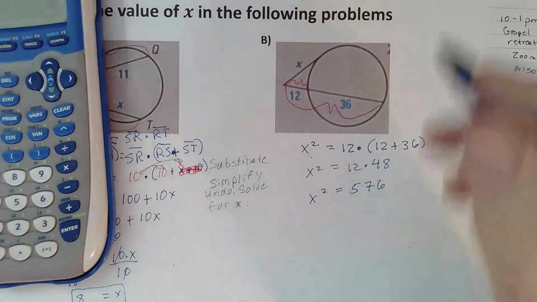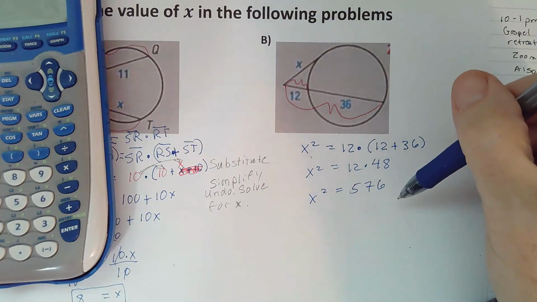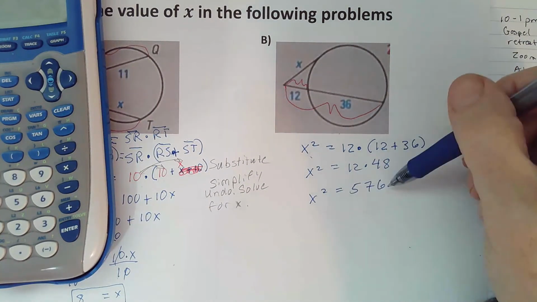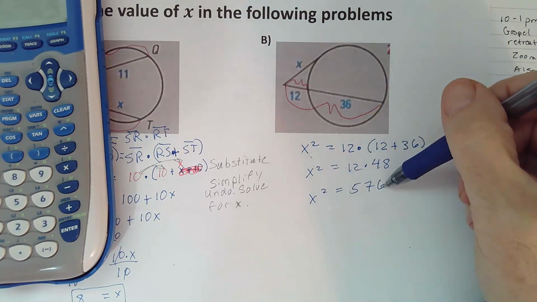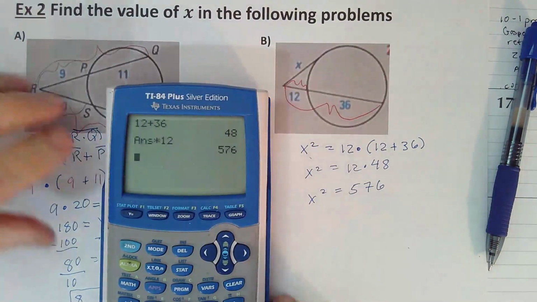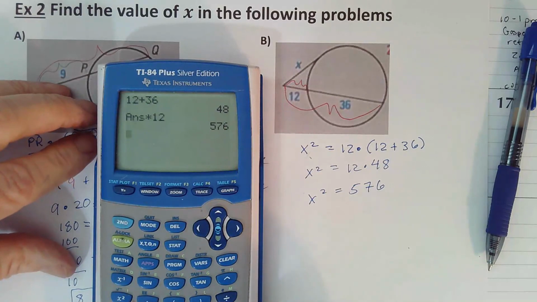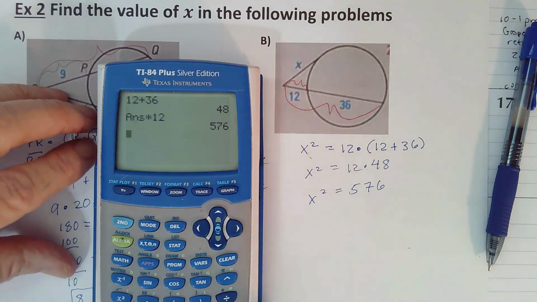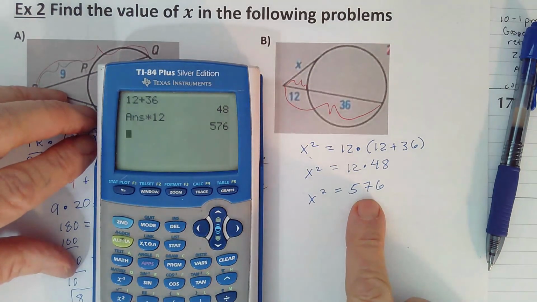Now, in this situation, yes, this is a quadratic equation, but we do not have to factor it because I can take the square root of both sides. Okay? So what I'm going to do is I'm just going to use my calculator here, and I'm going to try to take the square root of 576 and see if I have a perfect square here.